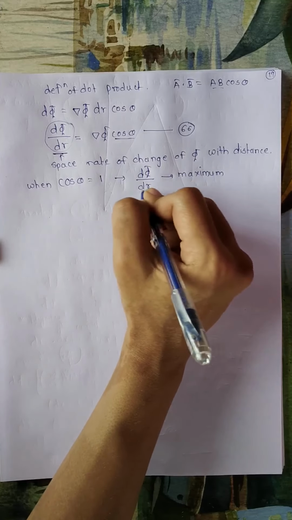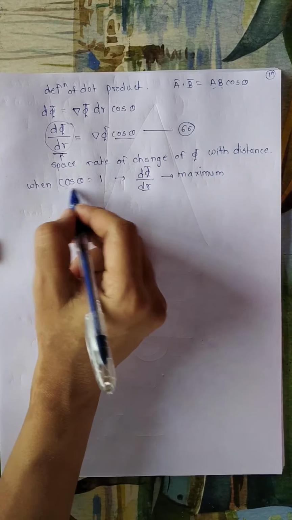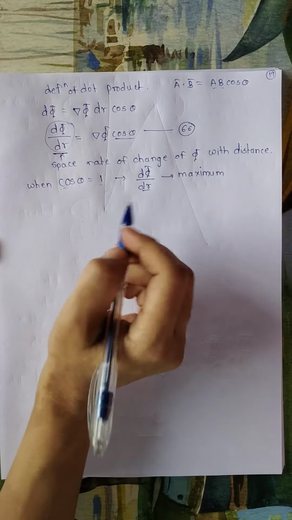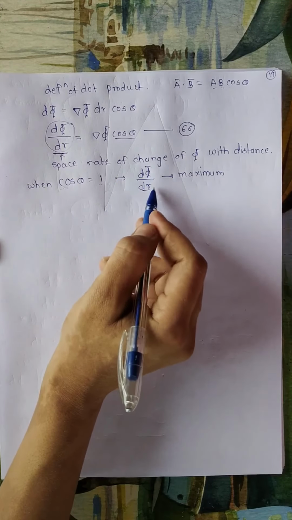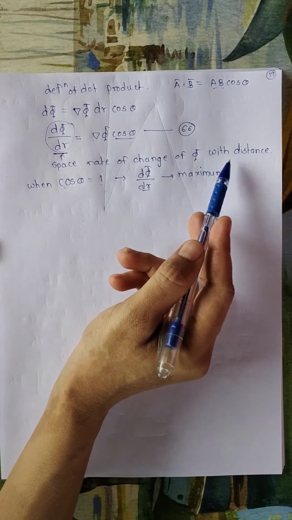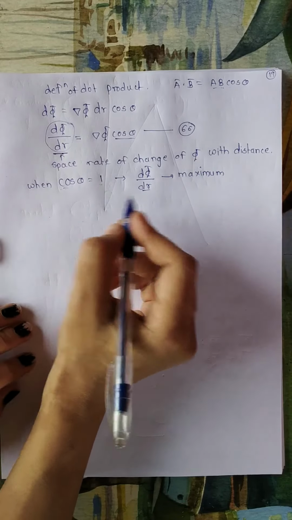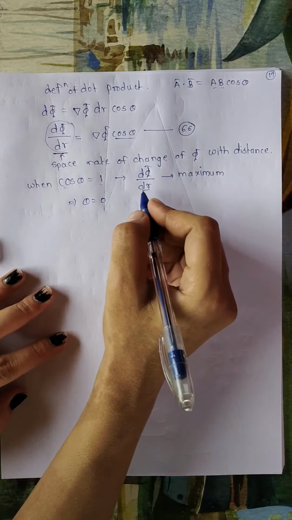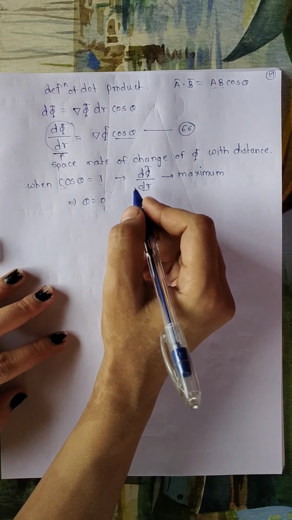So when cos theta is 1, that is theta is 0, the value of d phi upon dr, that is the space rate of change of phi with distance, is maximum. This means theta is 0 in the direction of unit vector n cap, which is normal to S1.